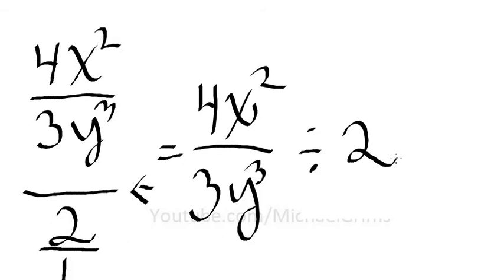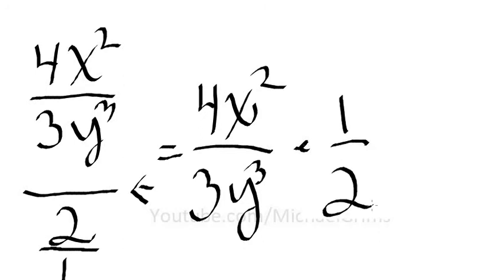But what do we do here? Remember, let's pretend this 2 is over 1. That 2 over 1, we just change our operation and make it multiplication. That 2 over 1 becomes 1 over 2.